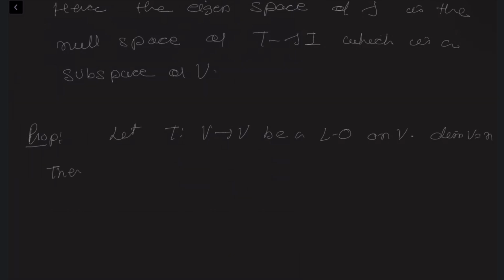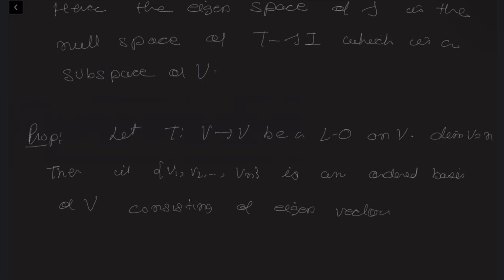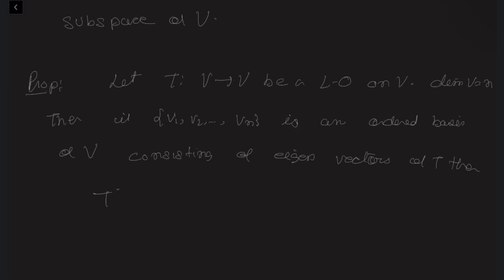Then if v1, v2, ..., vn is an ordered basis of V consisting of eigenvectors, then the matrix of T with respect to beta is a diagonal matrix.